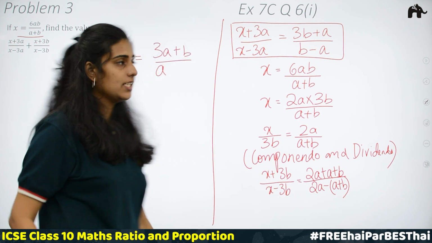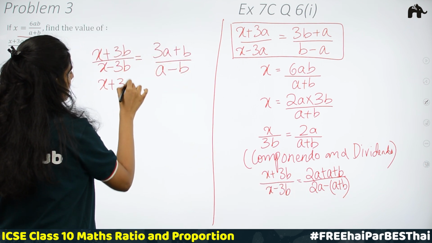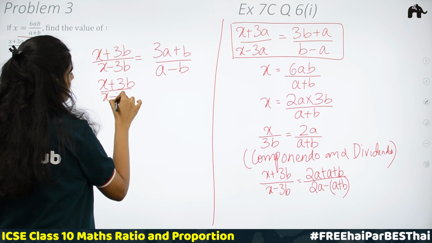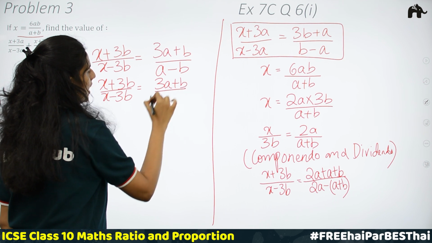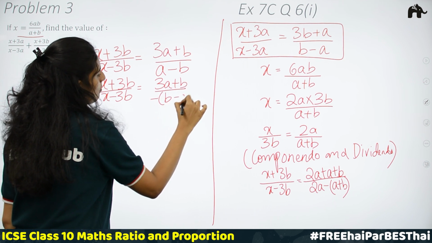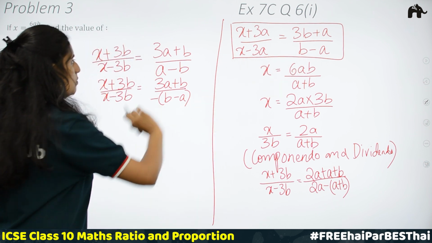Again we have a minus b. Now this can be written as x plus 3b divided by x minus 3b is equal to 3a plus b divided by minus of b minus a. I am doing this to get similar denominators in both these terms.